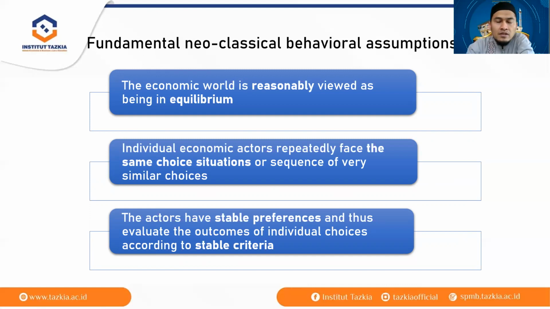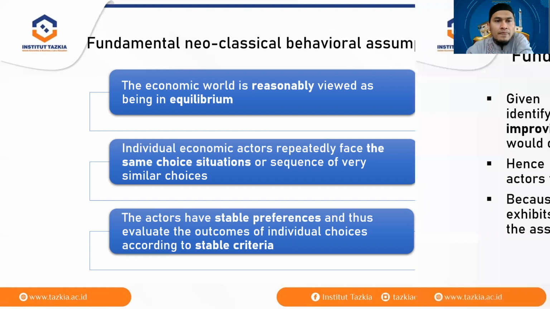Third, the actors have stable preferences and thus evaluate the outcomes of individual choices according to stable criteria. So when they make a choice, they have stable preference and stable criteria.